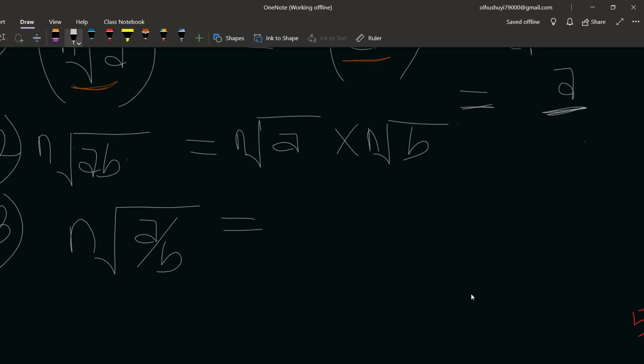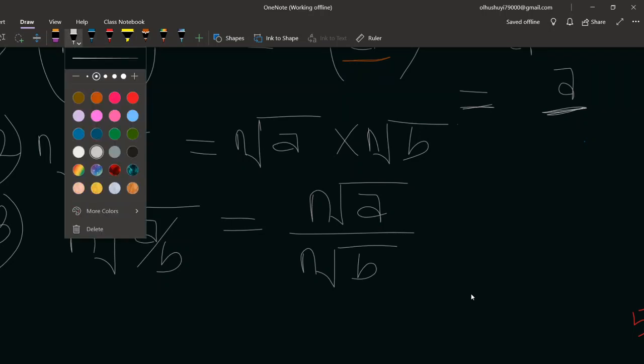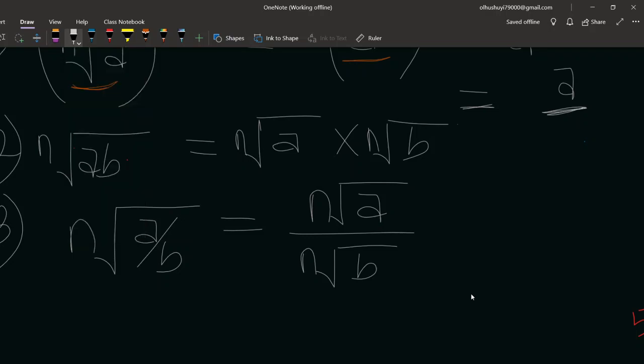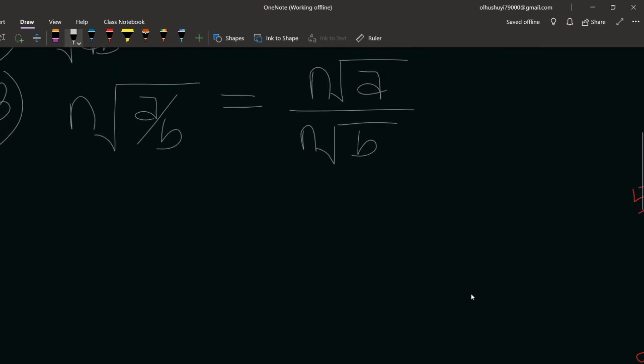That becomes the nth root of radicand A divided by the nth root of radicand B. Are you getting this? Okay. Good. So that is that.